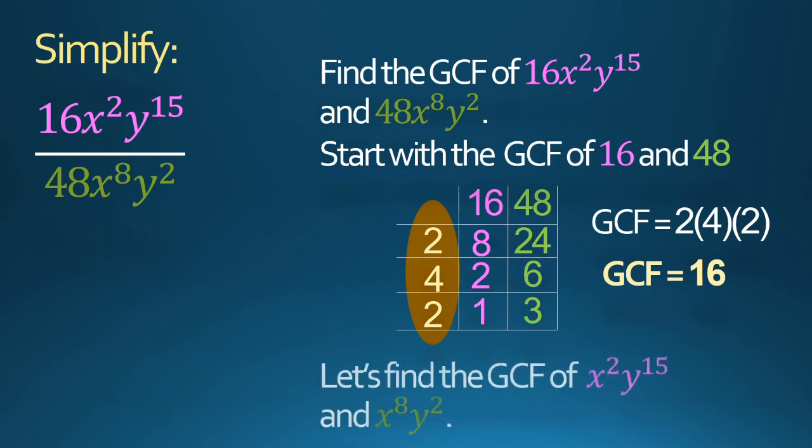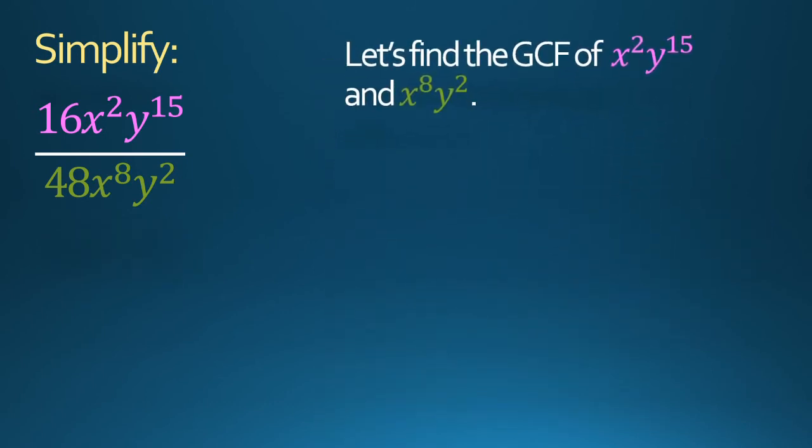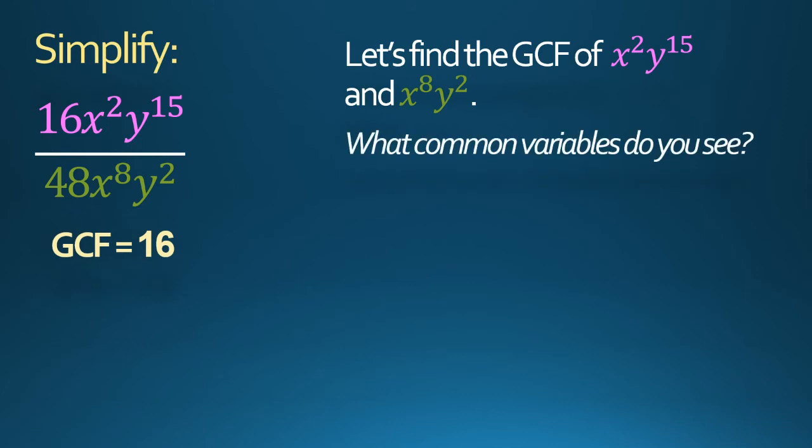Now, let's have the GCF of x squared y raised to the 15th power and x to the 8th y squared. To find the GCF, let's answer the question, what common variables do you see? So, pareho silang may variable na x. Uy, pareho may x. And then, pareho din silang may y. So, for x variable naman, compare natin yung exponents.